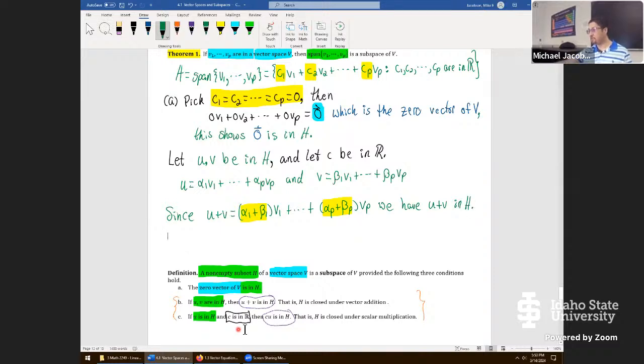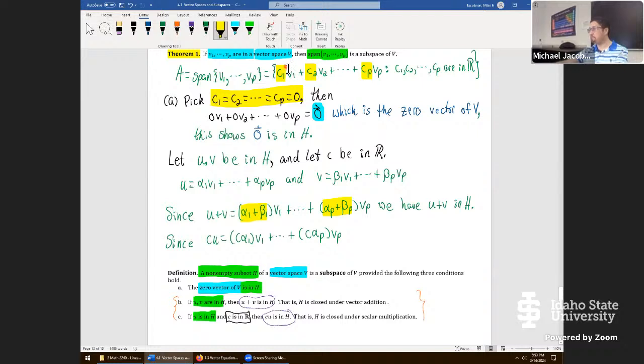And the second part just goes the same kind of way. We'll just rescale that vector U. Let's say again, since C times U equals, we just use the distributive law this time. C distributes through all those terms. And if we want, we can associate and write C times alpha 1 times V1 plus, all the way down to the end, we'll multiply here by C times alpha P times VP.